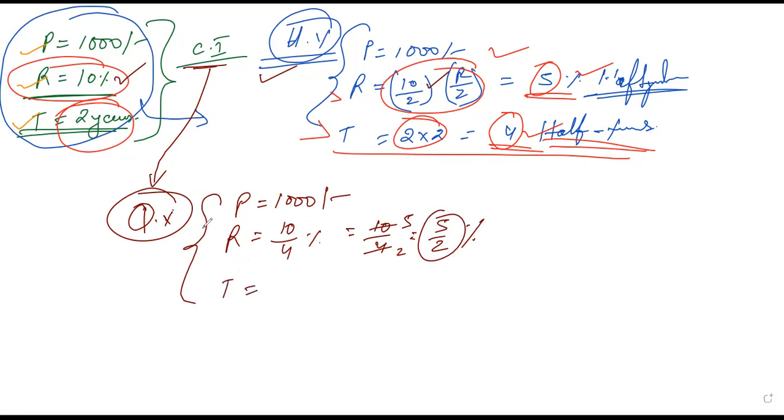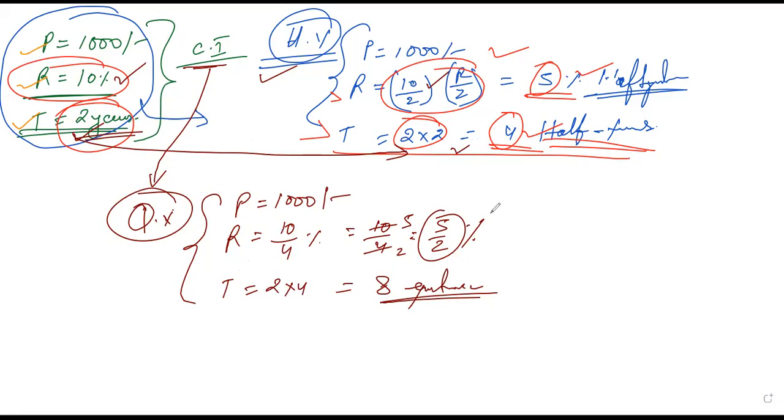And the time period, as we earlier multiplied it by 2 for the half years, here we will multiply it by 4 and it will become 8 quarters. So 2 years will be divided into 8 quarters. So like this, we will get our quantity.